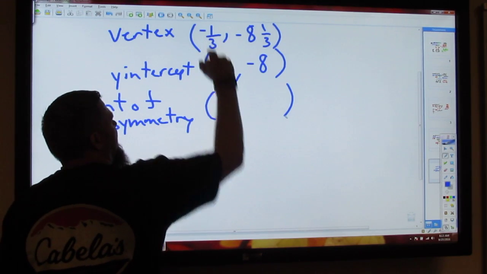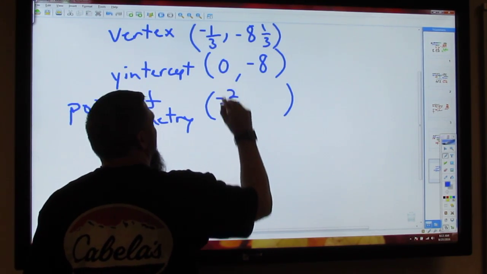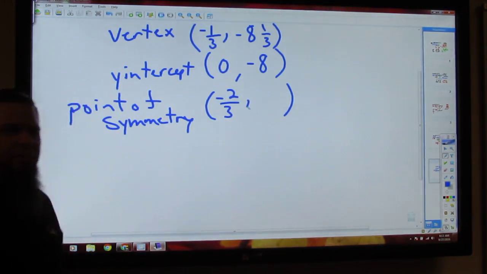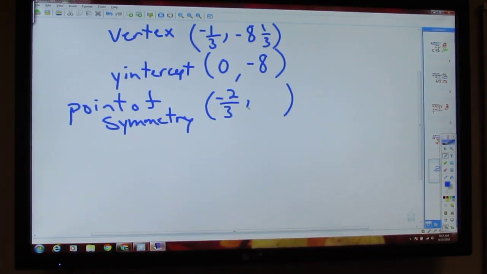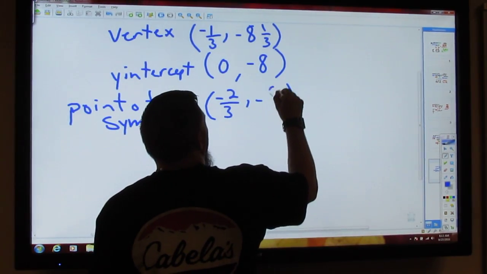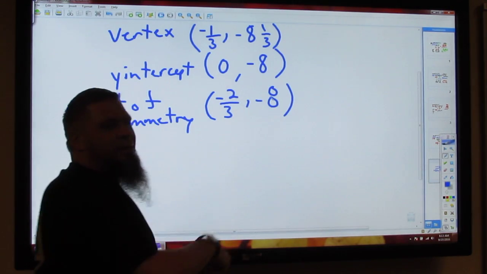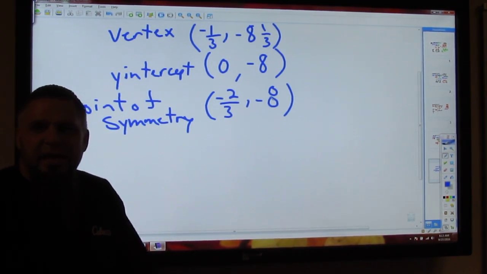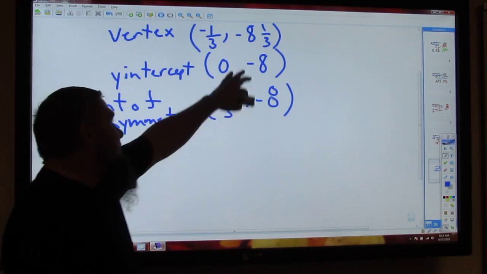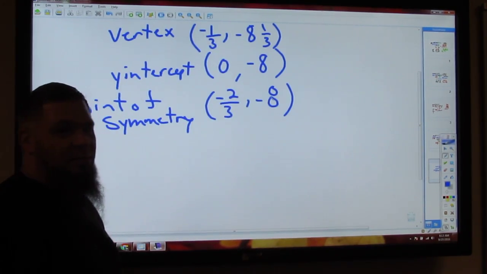Remember, it was negative 2/3. What was the other? Negative 8, because that's what it was supposed to be. That's the key here. It should be at the same spot.